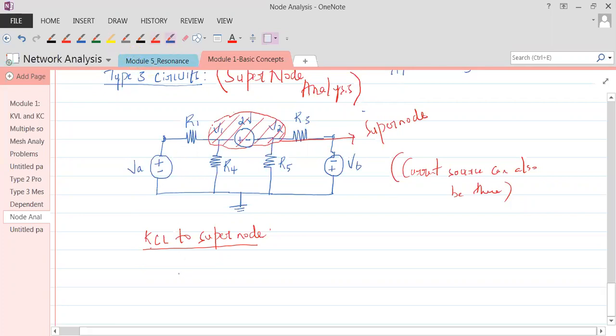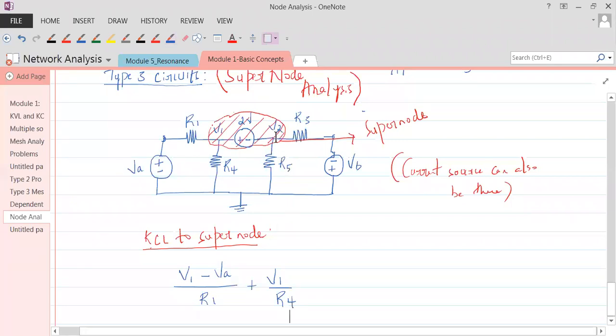So that's (V1 minus VA) by R1 is one current. What is this current? It's V1 by R4. Plus V1 by R4.